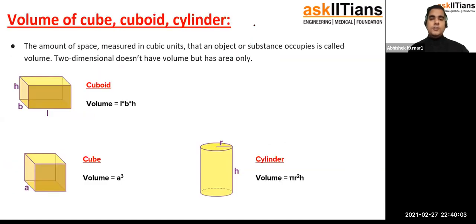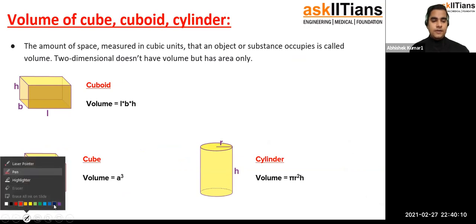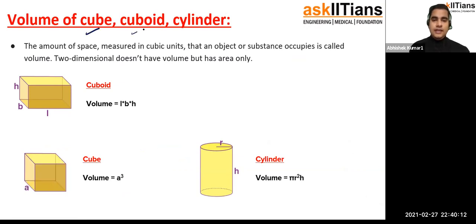All right. So now we are going to discuss volume of cuboid and cylinder. So we all know what volume is: the amount of space measured in cubic unit that an object or a surface occupies is called volume.